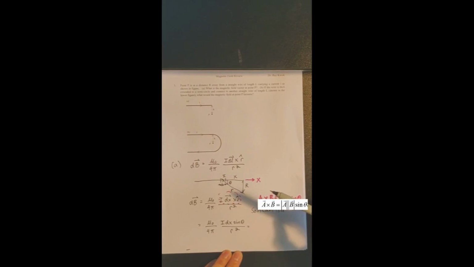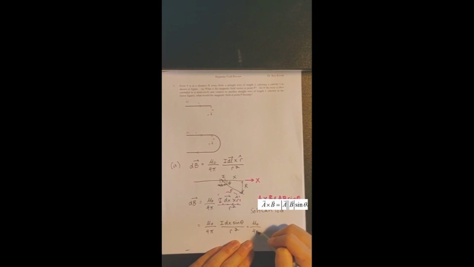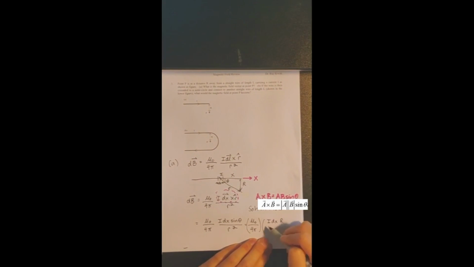That means we can replace sine theta with R over r, and it can be written as this: mu naught over 4 pi times I dx R over r squared times r. And this was our sine.